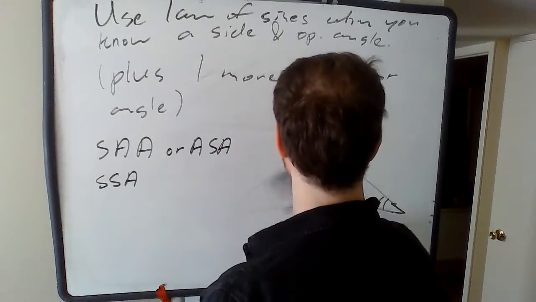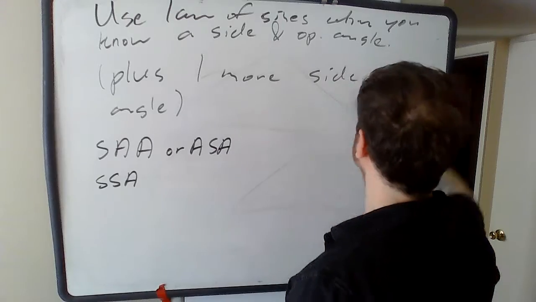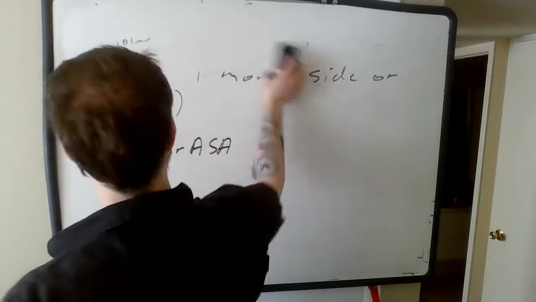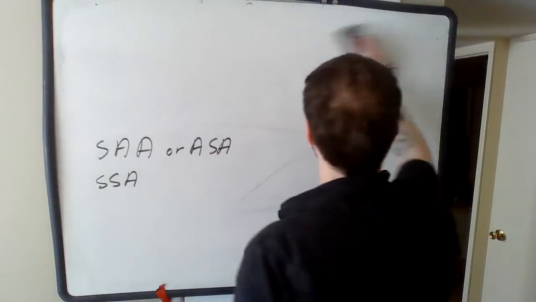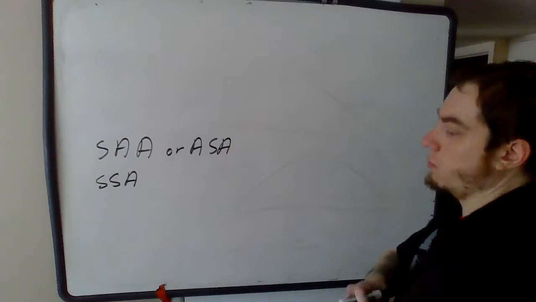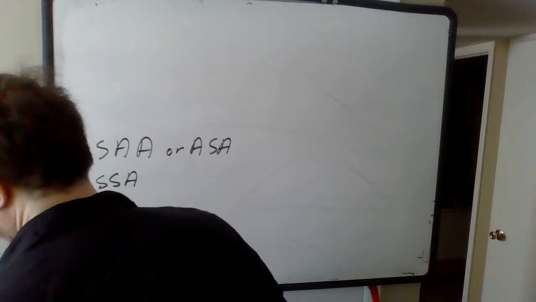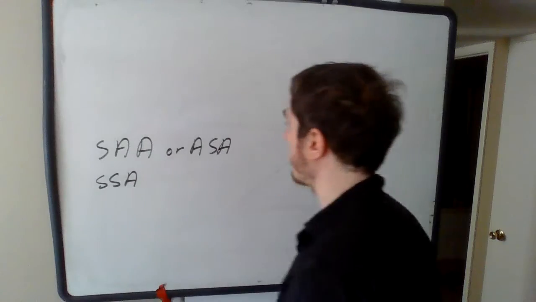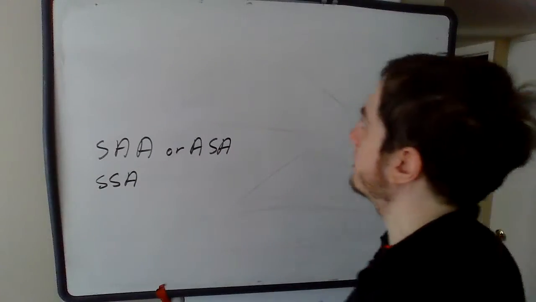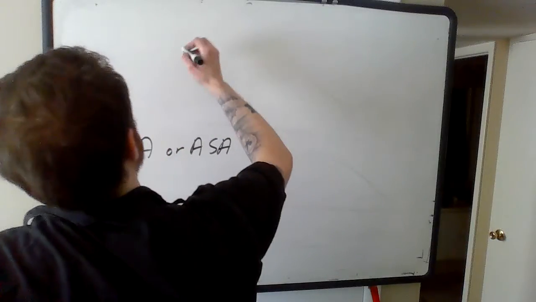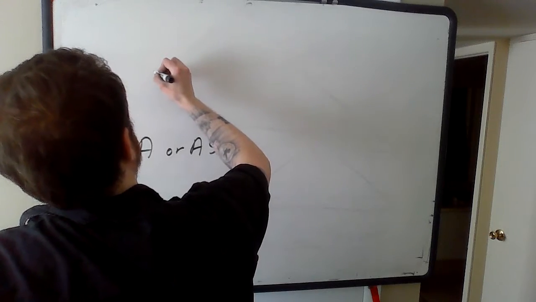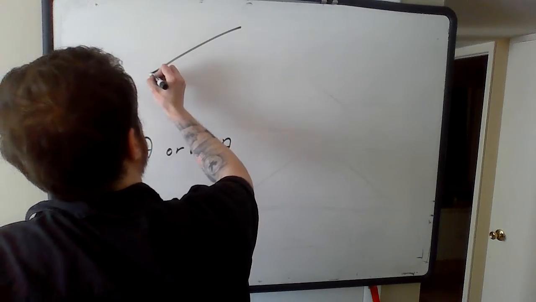Well, let's suppose that I give you a triangle and let's start with the side angle angle or the angle side angle case. Let's suppose that I were to give you a triangle and I were to say, okay, so here's your triangle.